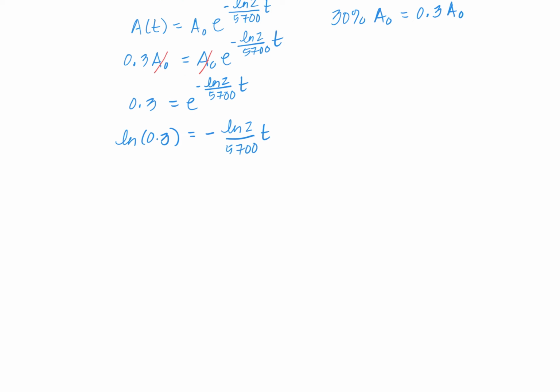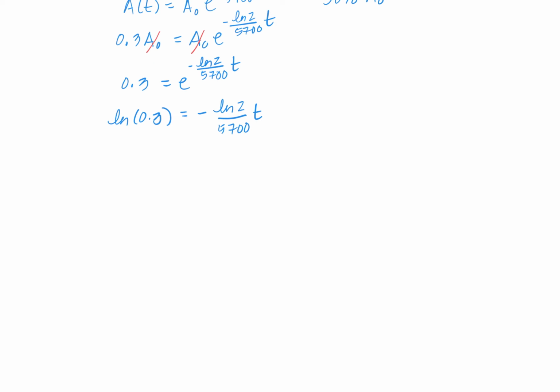Now I can isolate the t by multiplying both sides by the reciprocal, which would be the negative 5,700 over natural log of 2. So my t value is negative 5,700 times natural log of 0.3 over natural log of 2.